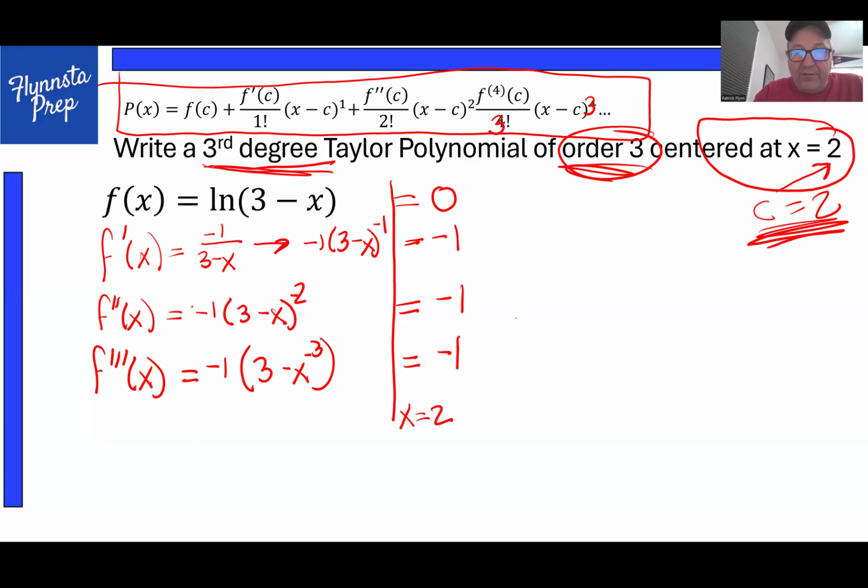So our polynomial is going to be 0 plus -1 over 1 factorial times x minus 2 to the first, right? Because again, we're centered at 2, so we need to change those. Plus -2 over 2 factorial, x minus 2 squared.